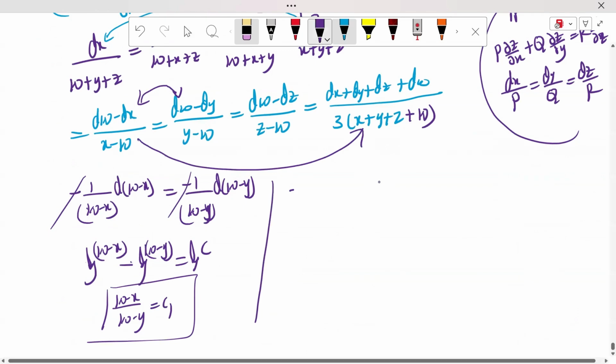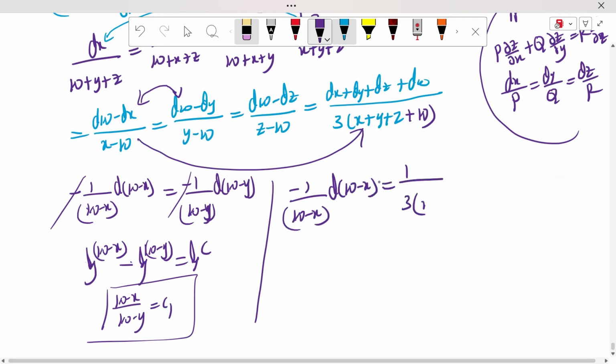Taking minus common, it is (w minus x) into d common. It is nothing but 1 upon 3 into (x plus y plus z plus w), and the numerator is the d common, it is x plus y plus w plus z.